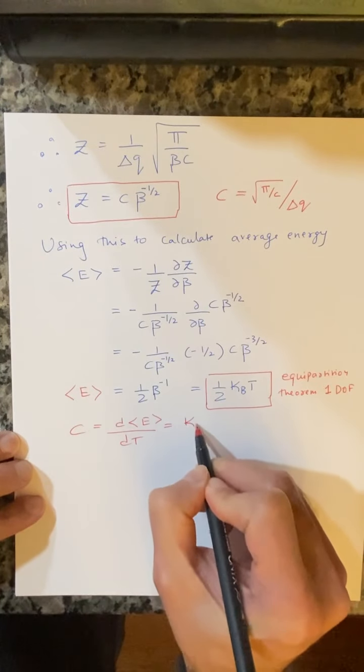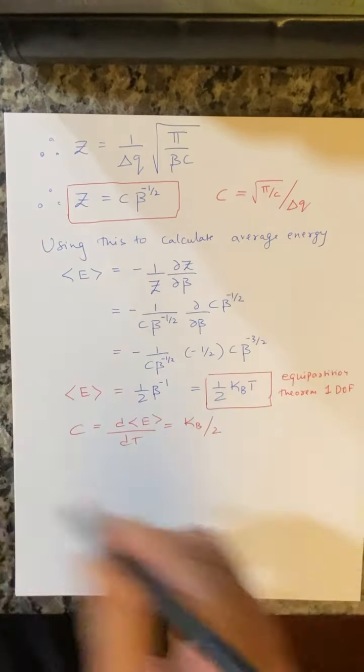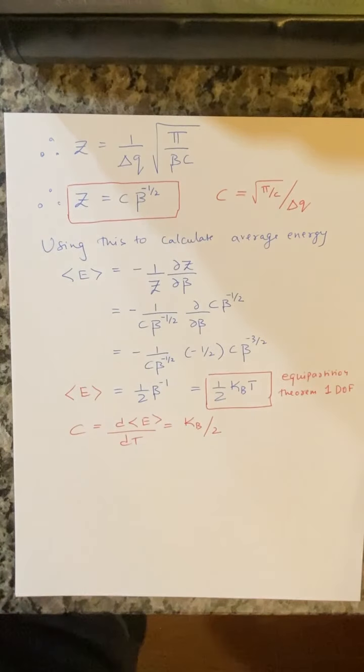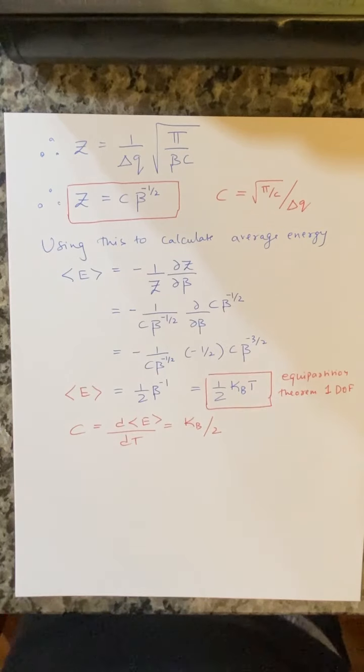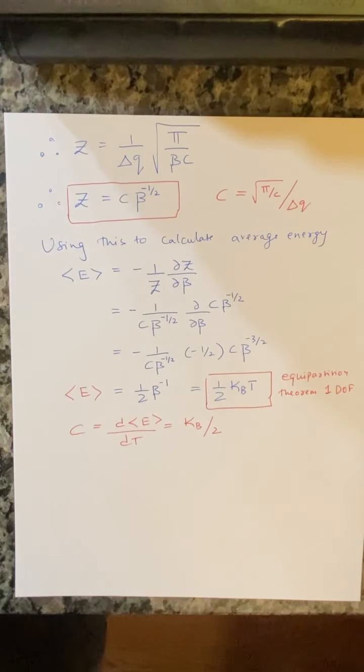It's going to be KB over 2. Interesting, right? We started from something rather simple. So far, we have not proved this equipartition theorem. This was a good opportunity for us. Note that all the constants vanished, they all canceled out. It's fascinating. It's a very simple way to prove this theorem.